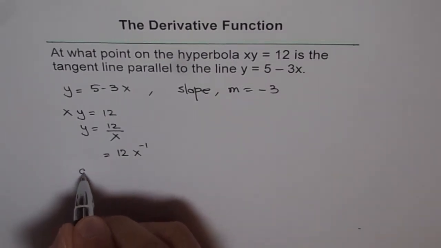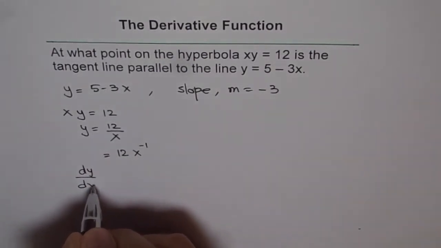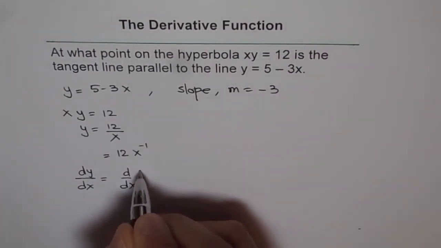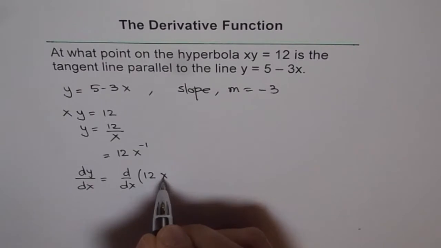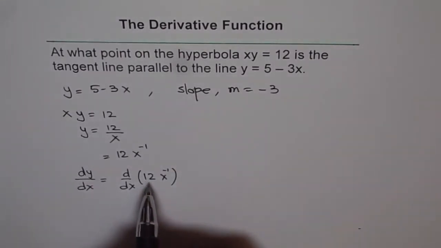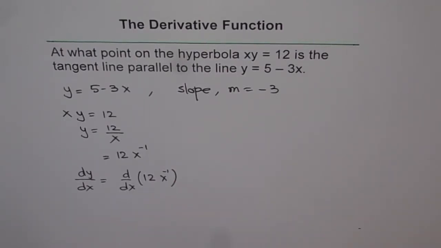Now, what is dy by dx? dy by dx is the derivative of this function, d/dx of 12 x to the power of minus 1. It's a constant multiplied by a function, so we'll use the rule and get the answer.